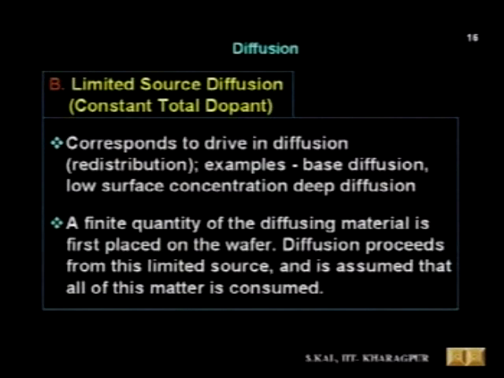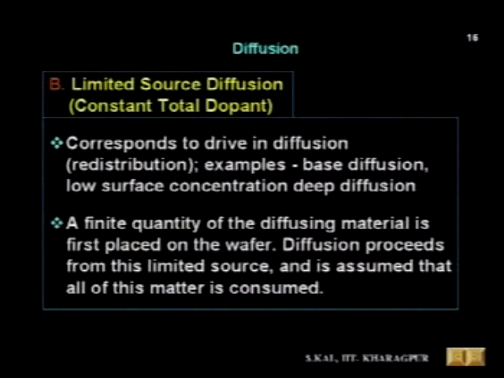Whatever source was incorporated in the pre-deposition diffusion, that particular amount of impurity atoms will diffuse further. I mean, they will redistribute further into the larger depth of the silicon, so that the profile will change. That is known as the limited source diffusion. In this diffusion, a finite quantity of the diffusing material is first placed on the wafer. Diffusion proceeds from this limited source, and it is assumed that all of this matter is consumed.